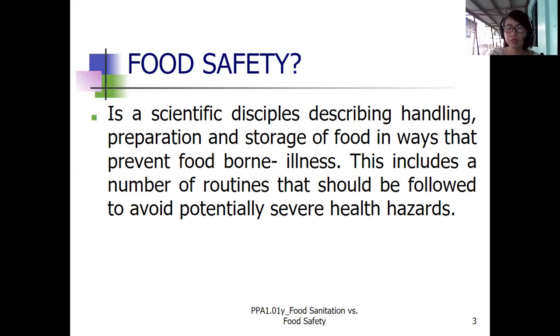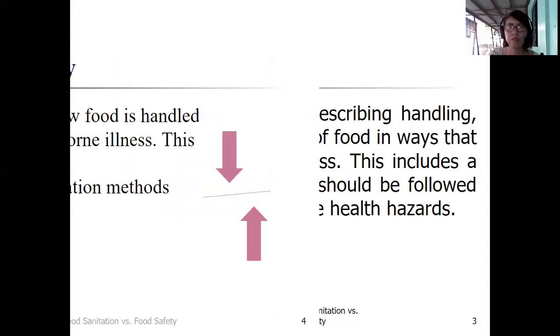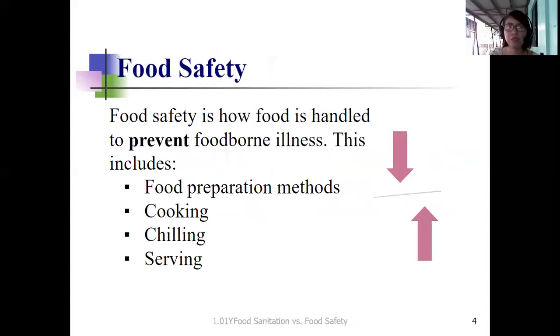Okay, any hazardous food, of course, is a threat to our health. So food safety is how food is handled to prevent foodborne illness. This includes the way you prepare the food and your methods in cooking the food.